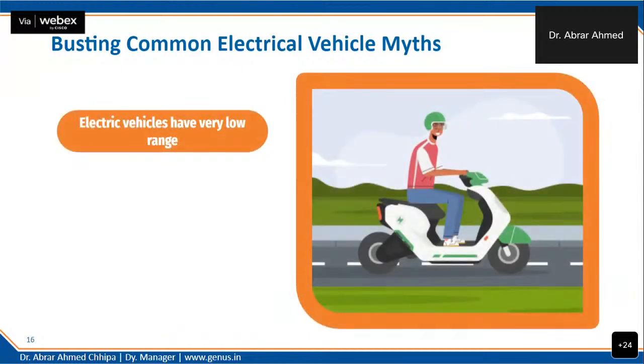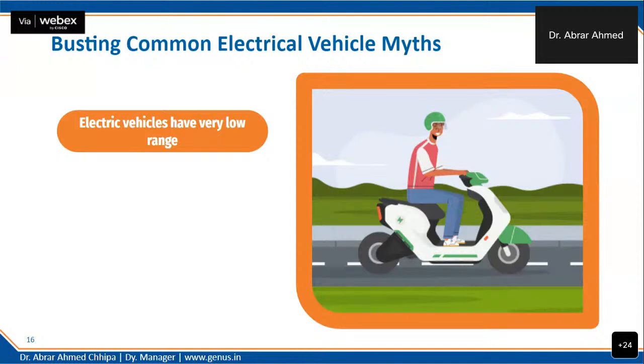Next one is that electric vehicles have very low range. So it's natural for a driver to be concerned about being stranded with a flat battery miles from the charging station. But as electric vehicles become more commonplace, the range is increasing. Recently, yesterday, I saw that Hyundai has launched its EV, I think the model names are Ioniq 5 and 6.